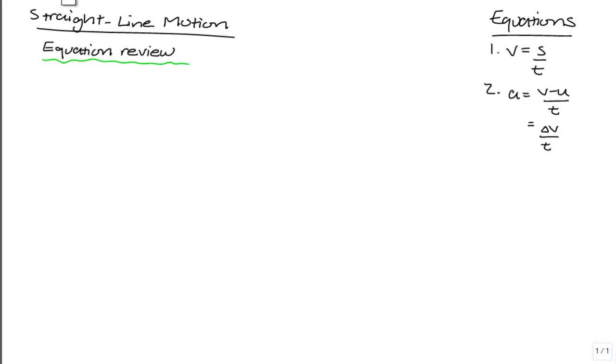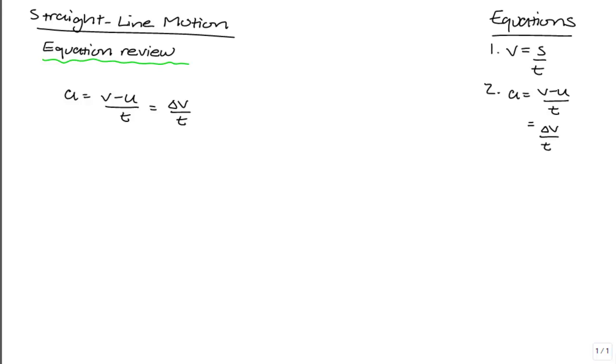So you know from equation 2 that a is equal to v minus u divided by t, right? Or in simplified form, delta v over t.